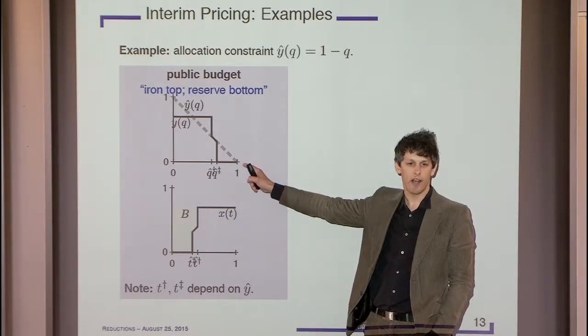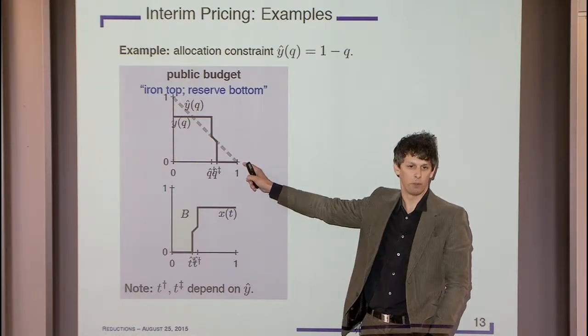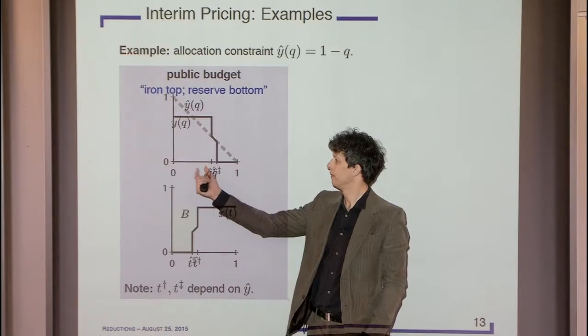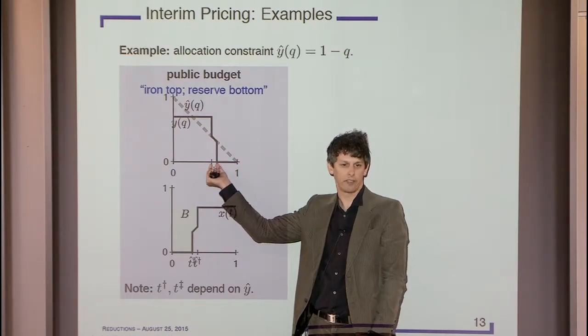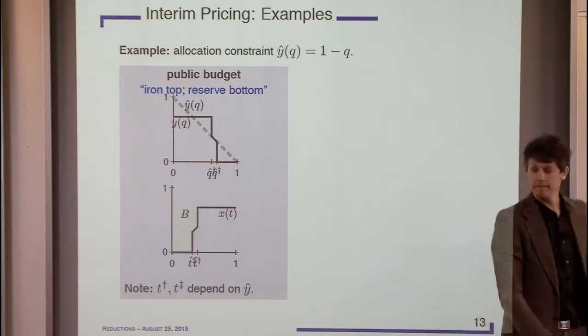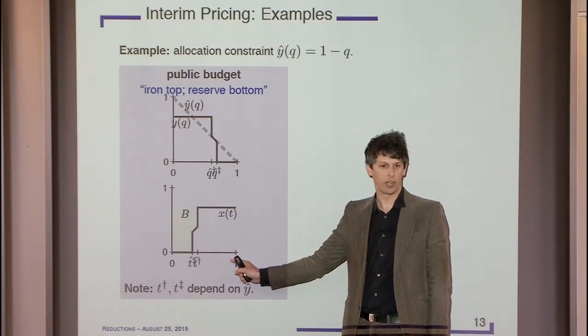And I've shown what is the optimal allocation rule for the public budget example previously, given that allocation constraint. Okay, and what does it do? It irons the top, it reserve prices the bottom, and in some middle interval, it's greedy. It's the highest type wins. Or smallest quantile, the strongest quantile wins. Okay? And that corresponds back in type space to this allocation rule.